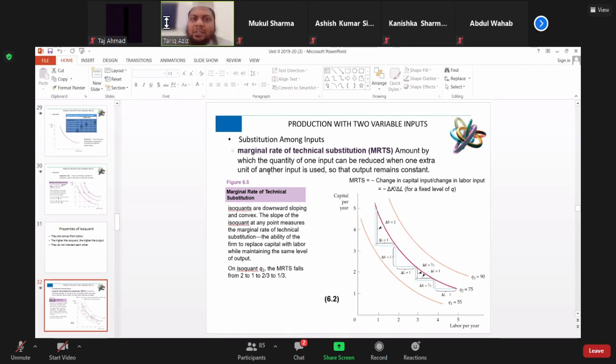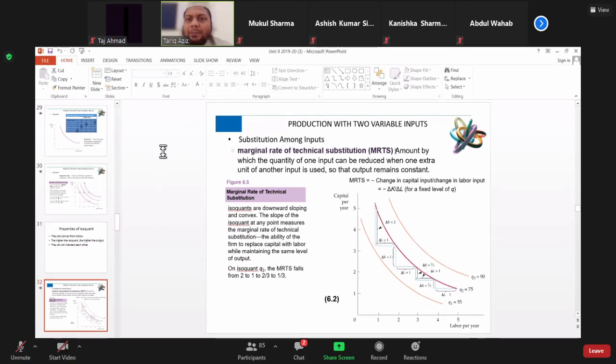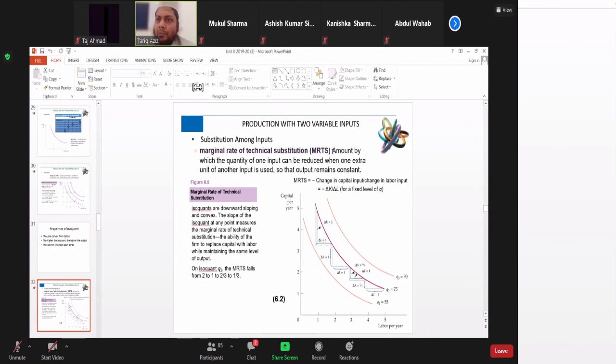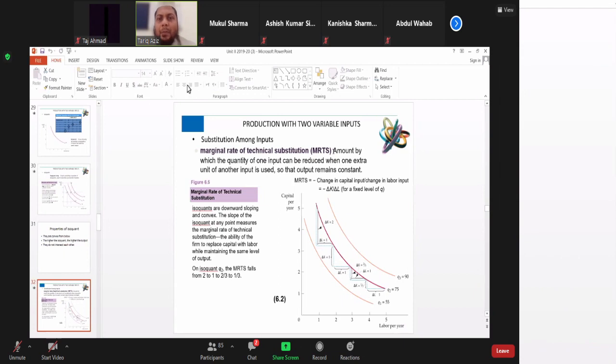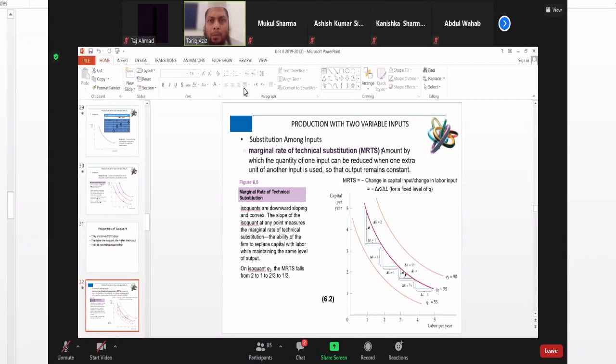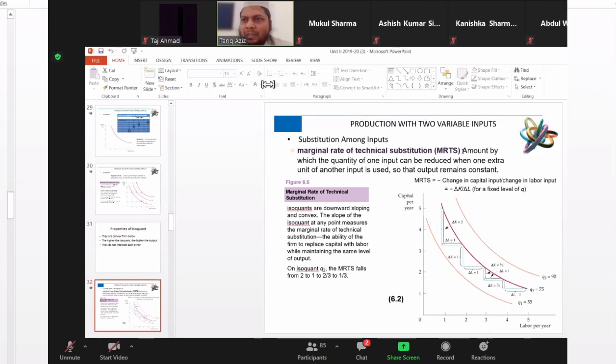What is the marginal rate of technical substitution? If, for example, there are two inputs, one input cannot replace another input 100%. So in place of one labor, we cannot employ one capital or one machine or any other input that we are considering.